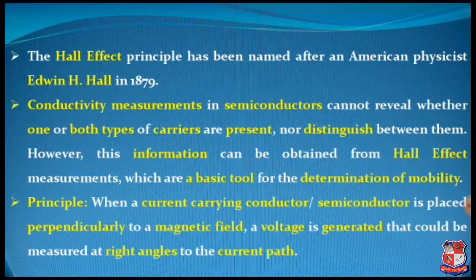1879, which was primarily considered for conductivity measurements in semiconductors, which earlier could not reveal whether one or both types of carriers are present, nor distinguish between them. So we know that in semiconductors there could be the presence of either electrons or holes, or there is a possibility of both types of carriers inside the semiconductor.